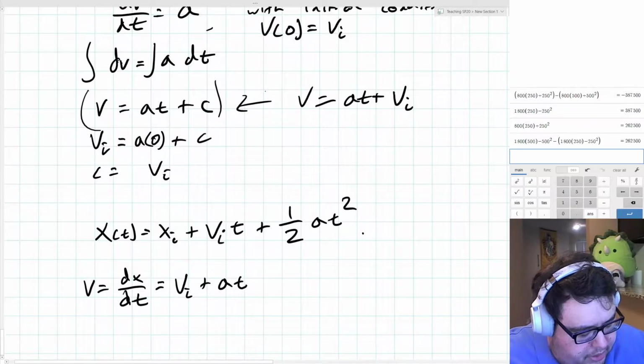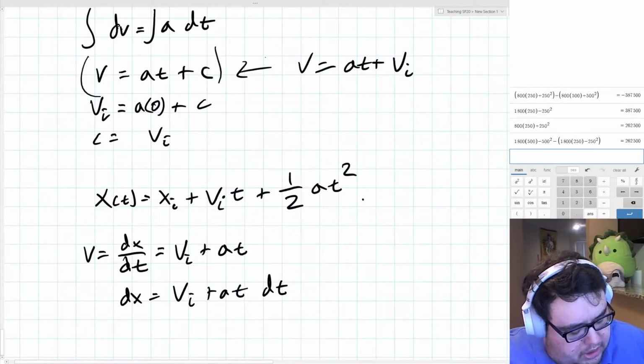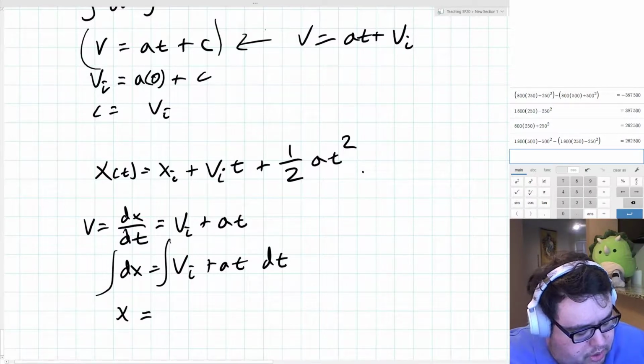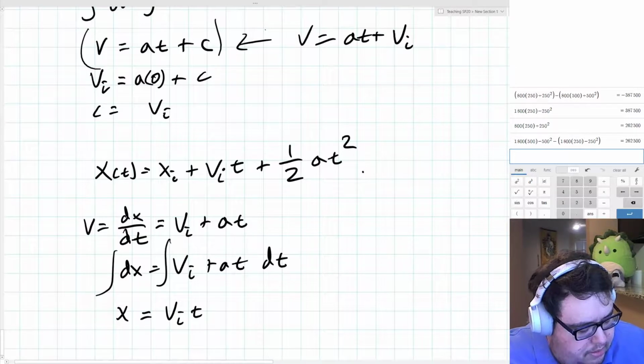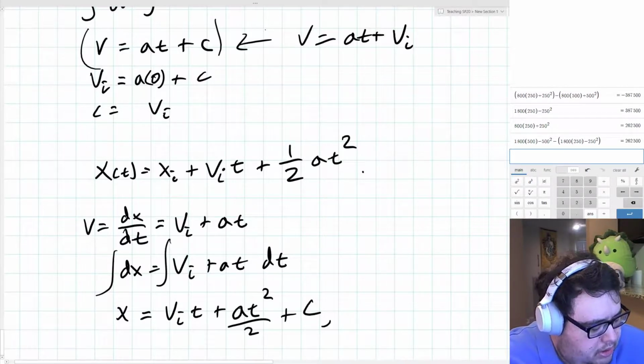Again, a separable differential equation. dx is equal to v sub i plus at dt. We can integrate both sides to get that x is equal to v sub i t plus at squared over 2 plus a constant. And then our constant is just found with the initial condition that x of 0 is equal to x sub i.